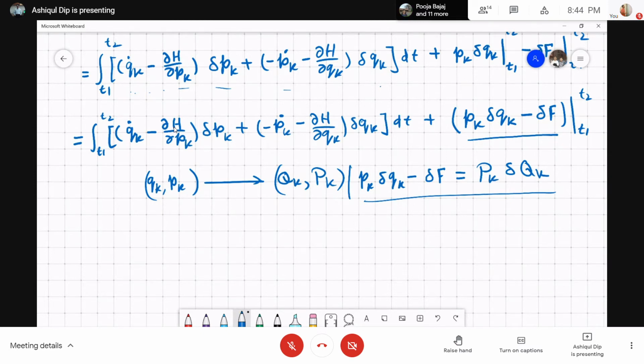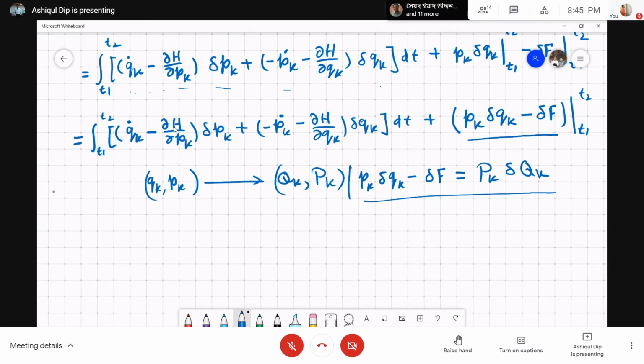We have to make sure that our transformed Hamilton's equations of motion are also the same in form. So we need to check that as well, whether this kind of transformation works or not, right? So expand your variation of f and variation of big Q_k.